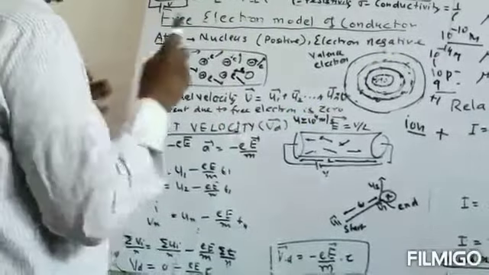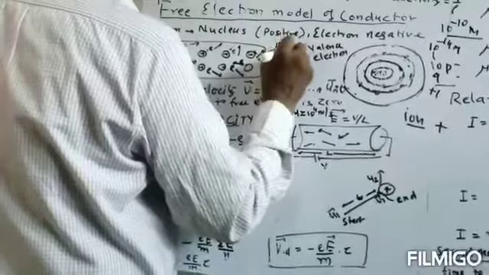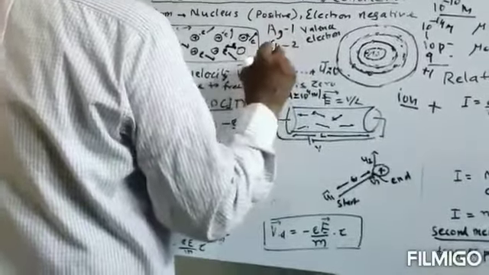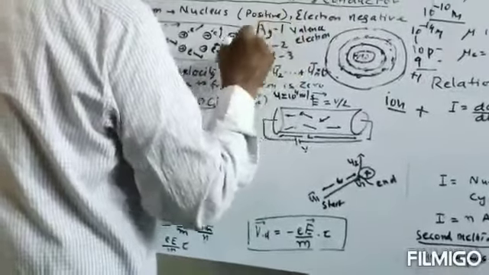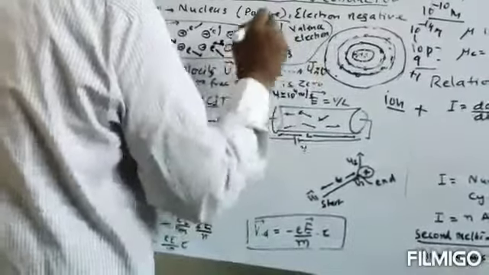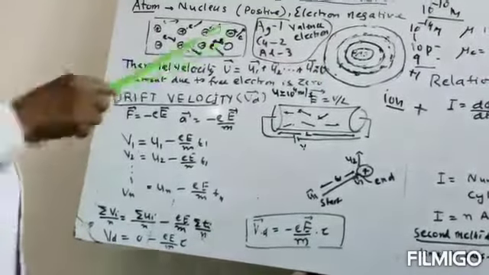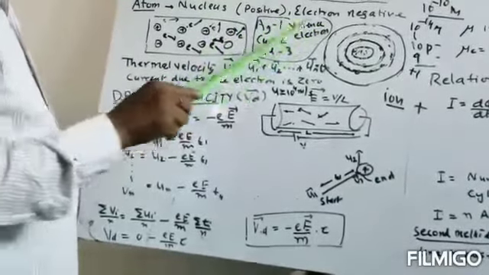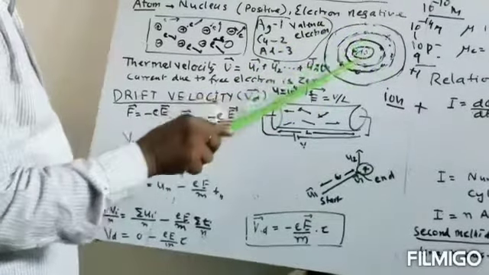For silver there is one electron, for gold there is also one electron, and for aluminum there are 3 electrons in the valence orbit. The electrons in the outermost orbit are free, and when one is free, the atom will not be neutral, it will have positive charge.